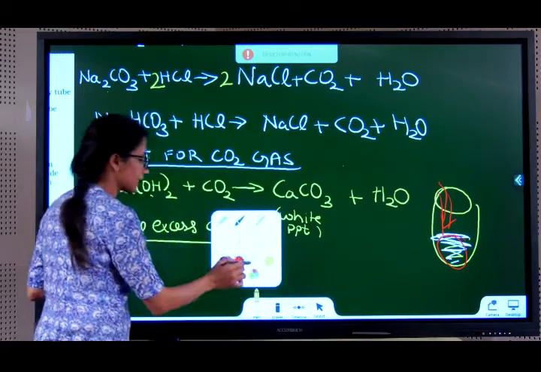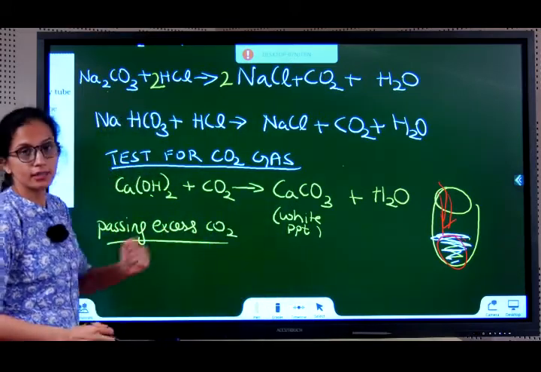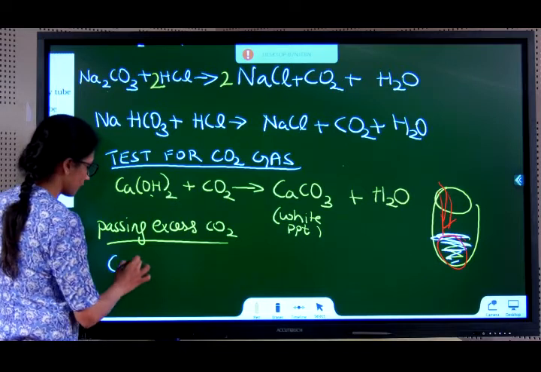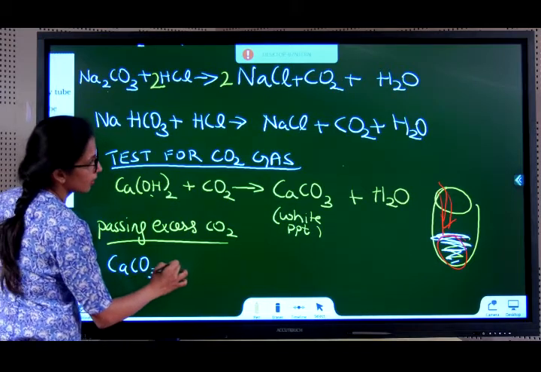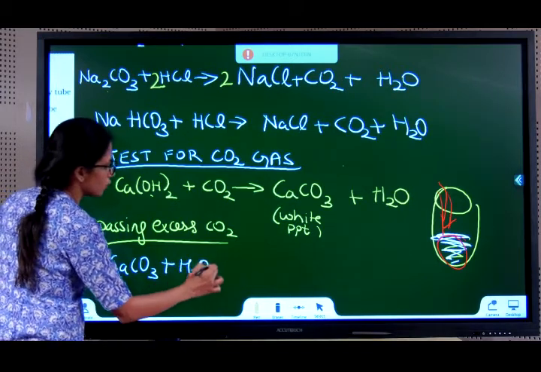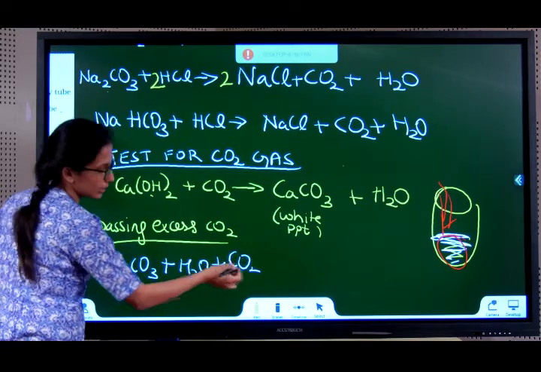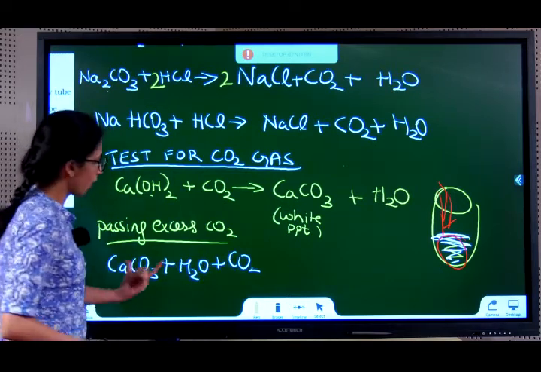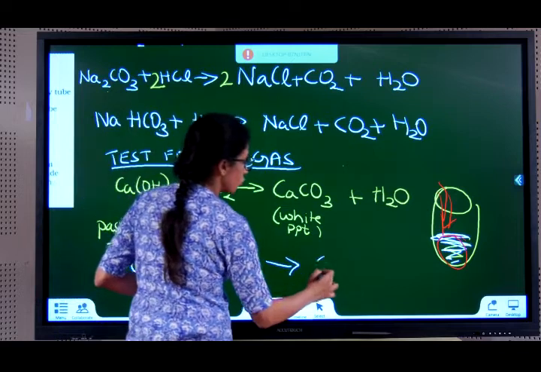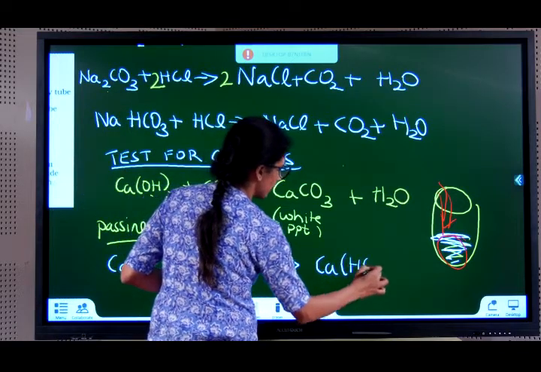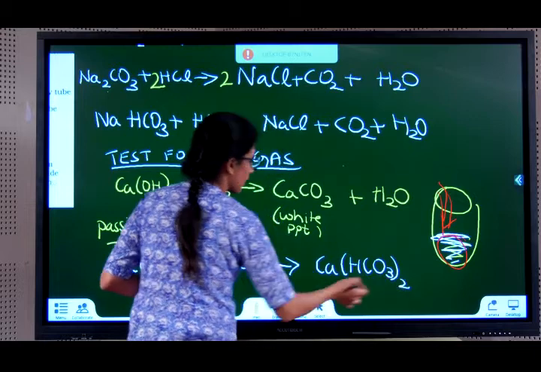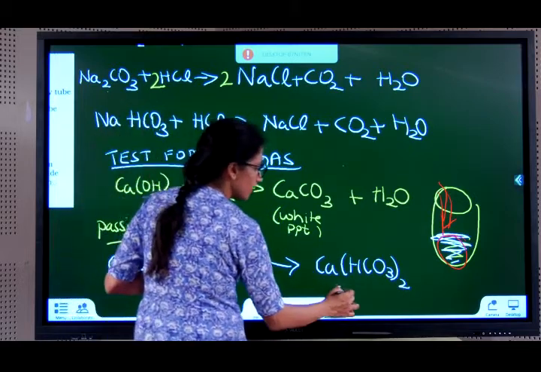So if you pass excess CO2, you have CaCO3 plus water already, and you are passing more CO2. So what happens to the reaction? You will find the product to be calcium hydrogen carbonate, which is soluble in water.